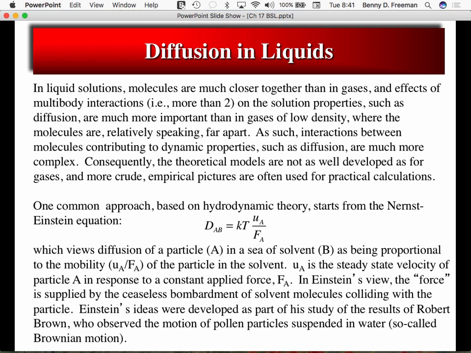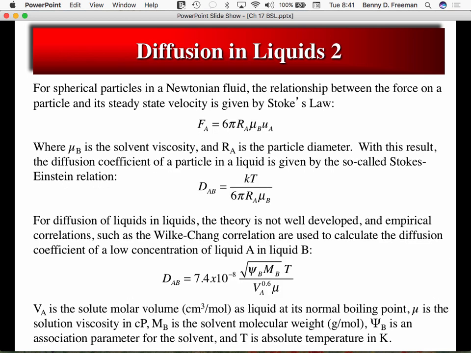In other words, there was always a force applied through the thermal motion of the molecules relative to one another, and that force resulted in a velocity. And the proportionality constant, if you rewrite this with the force on the left-hand side and everything else on the right-hand side, the proportionality constant between the force and the velocity is kT over the diffusion coefficient.